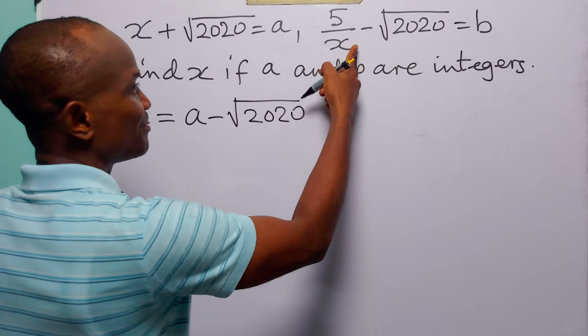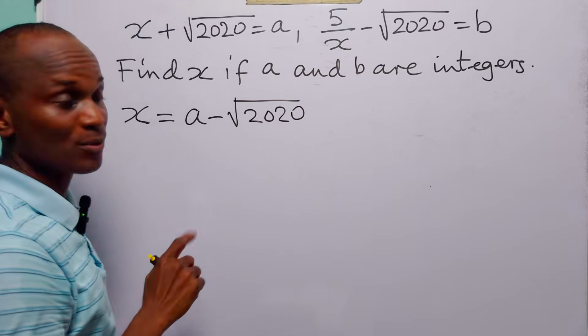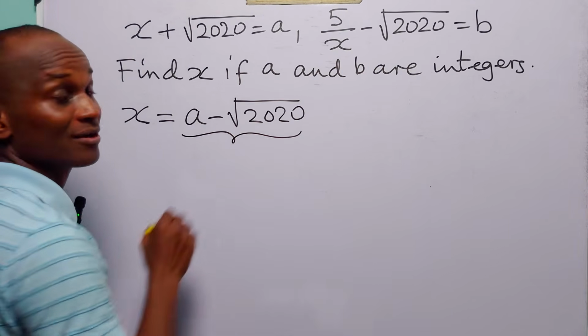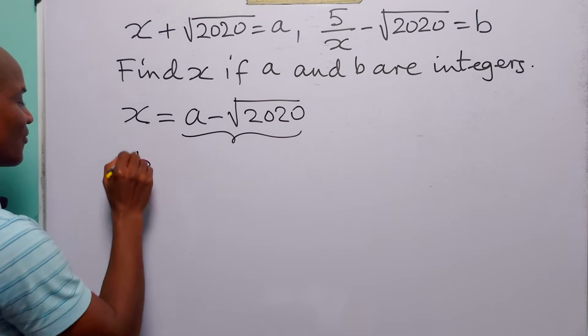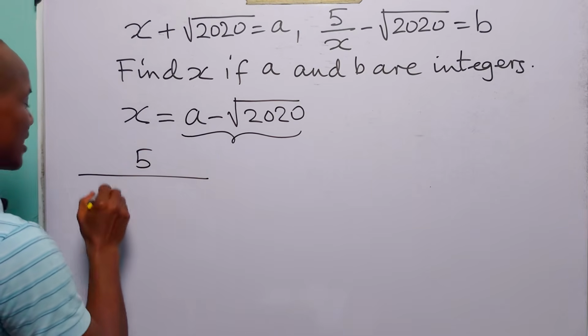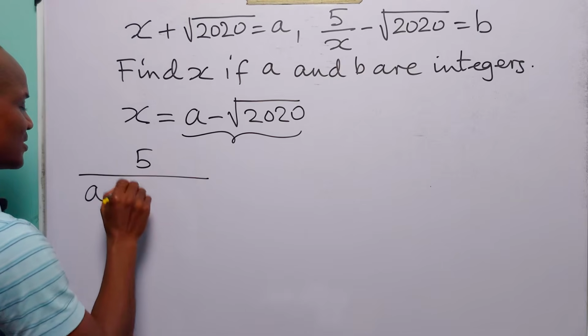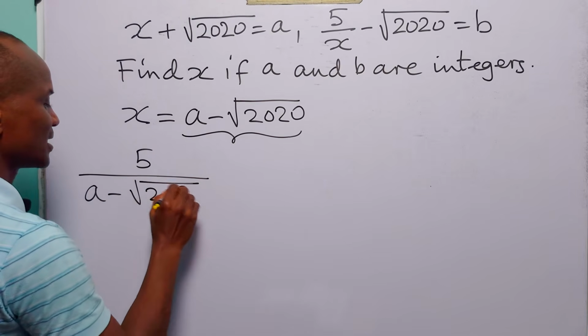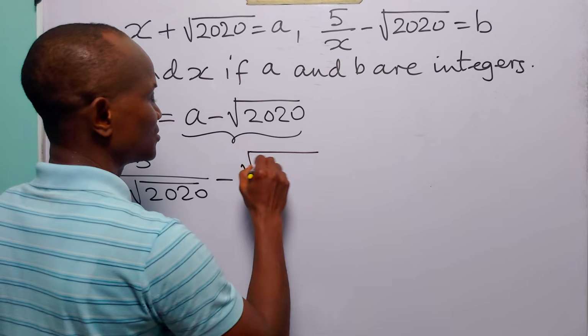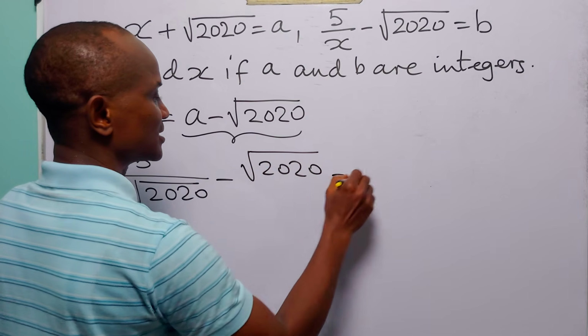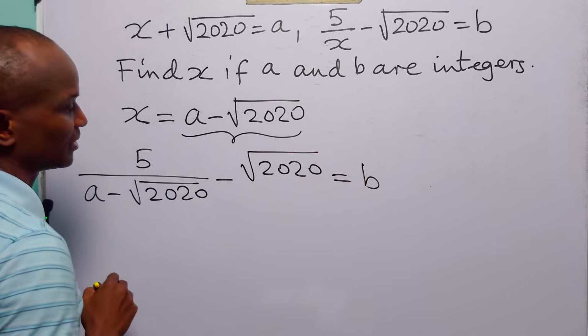Now, we are going to replace the x in the second equation with a minus root 2020. When we do that, we have 5 over a minus root 2020 minus root 2020 is equal to b.